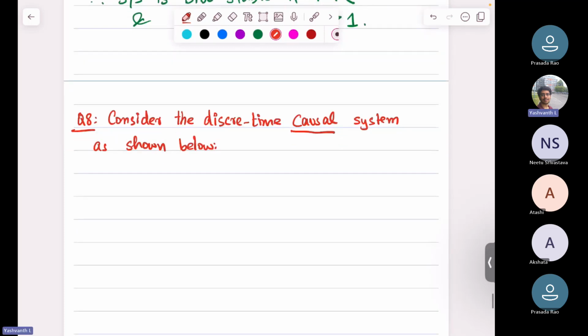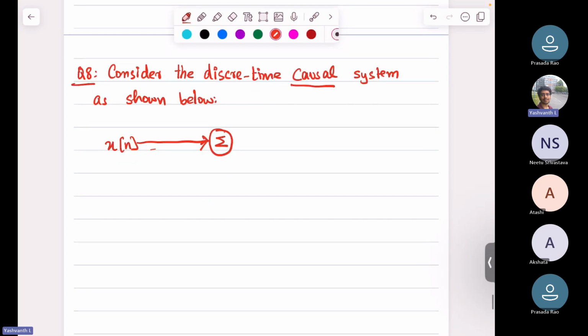Basically I'm going to represent the system itself. So you have input x of n, and that is going through a summation, an adder. Then it gets split. It goes into another adder, and a part of it I call q of n.